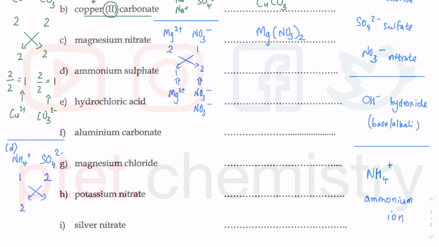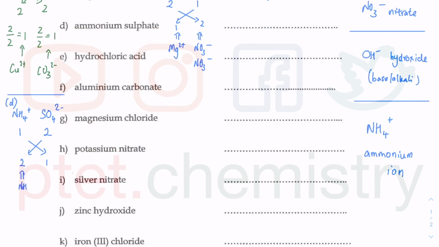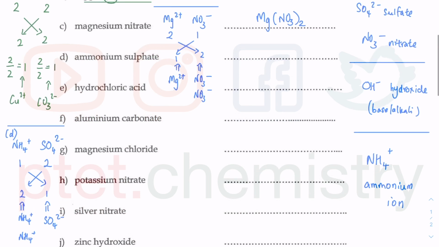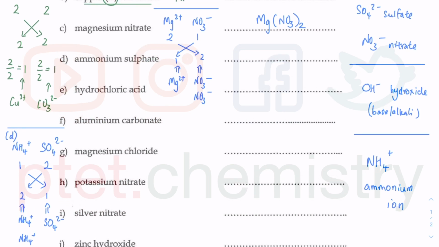2 goes on the left, 1 goes on the right. What the number represents is how many of these you have. You have 2 ammonium, you have 1 sulfate. So what I can write is, based on that, 2 ammonium. So I will use a bracket, NH4. I no longer need to write down the charge, but I need to show I have 2 of it.